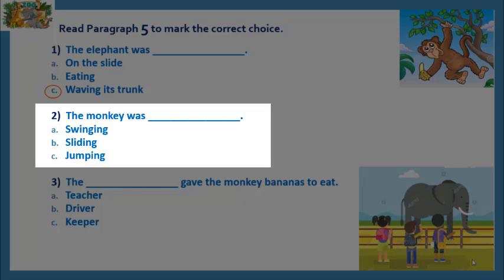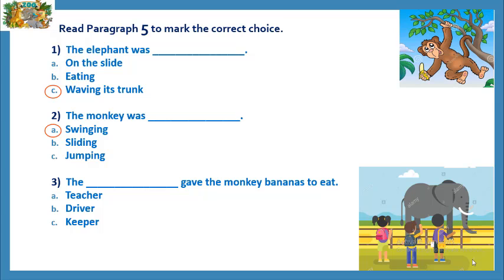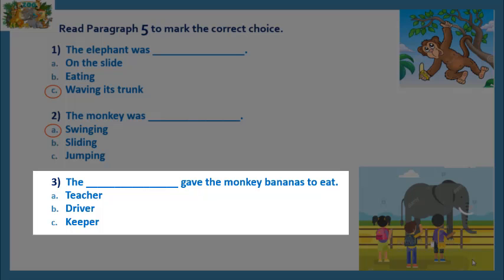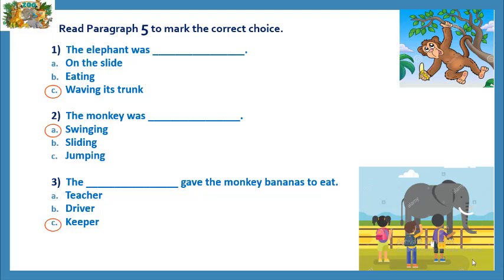Great work! The monkey was swinging. Number 3. The teacher, the driver, or the keeper gave the monkey bananas to eat. Good! The keeper gave the monkey bananas to eat.